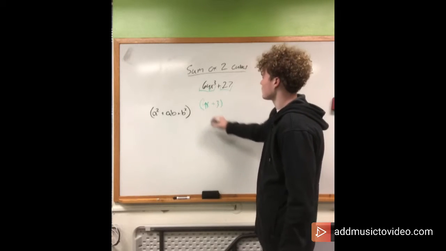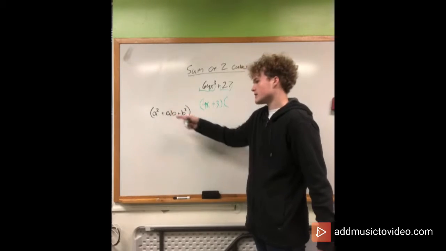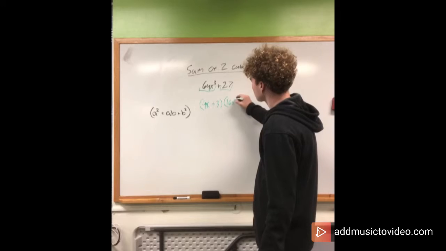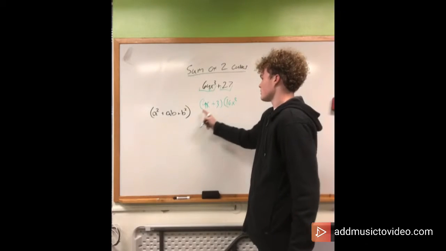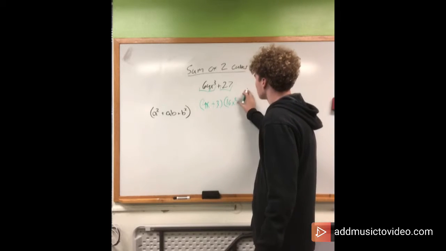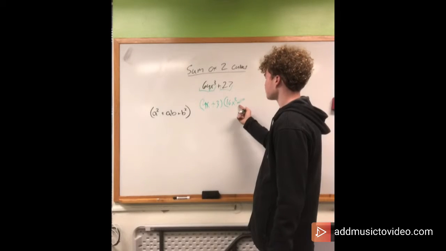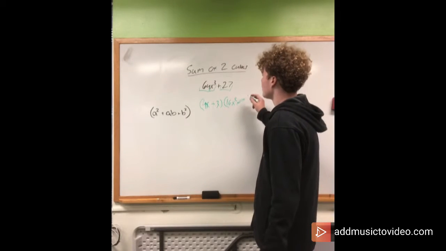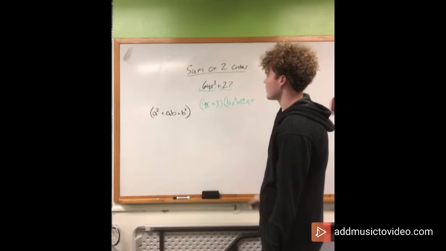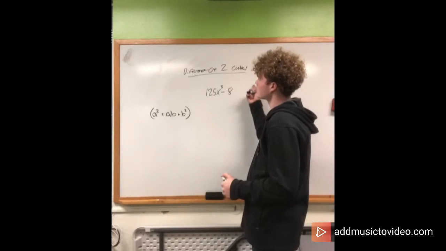That would be your first parentheses, and for your second one, you would follow this formula: a squared, which would be 16x squared, then ab, so 4 times 3, you would get 12x, with the opposite sign because of SOAP, same, opposite, always positive, and then b squared. 3 squared is 9.